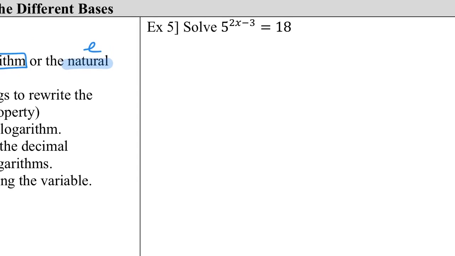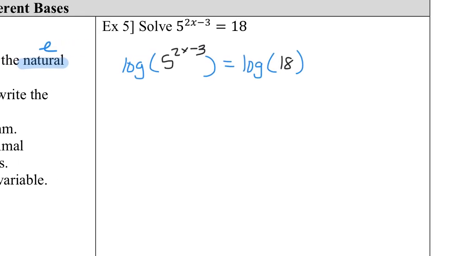So 5 to the 2x minus 3 equals 18. Since I cannot make these be the same base, I'm going to take the log of both sides. So log of 5 to the 2x minus 3 equals log of 18. That's step 1. Step 2 is I'm going to use the property of logarithms, that power rule.